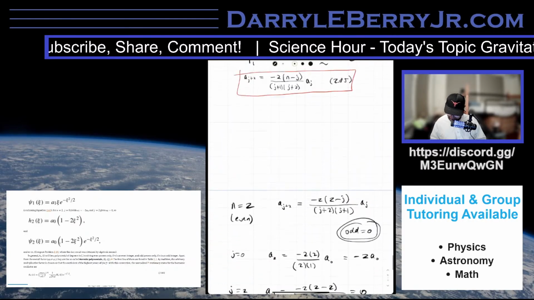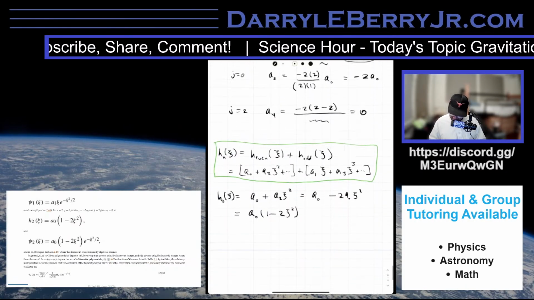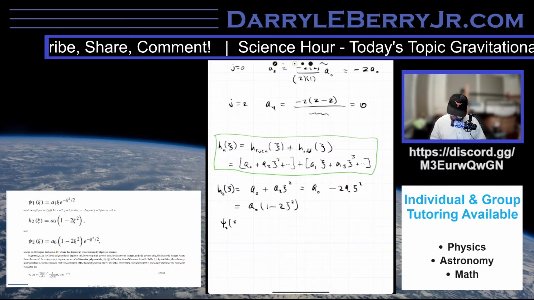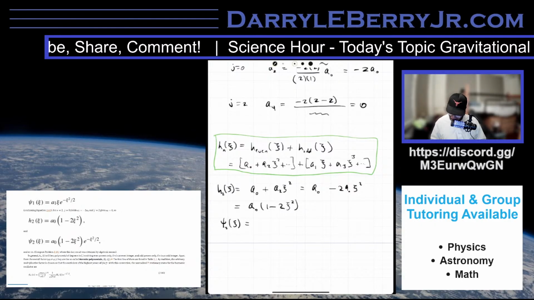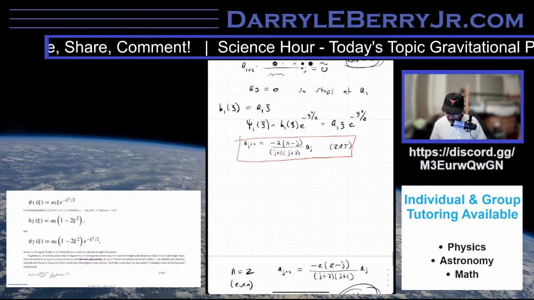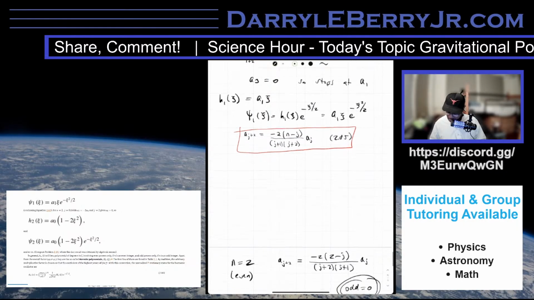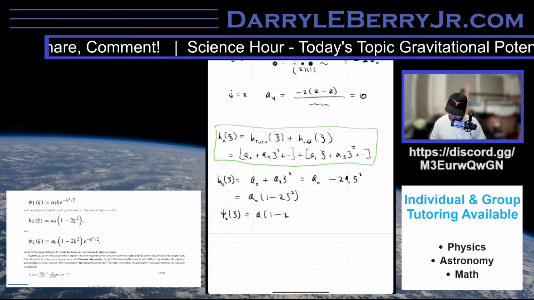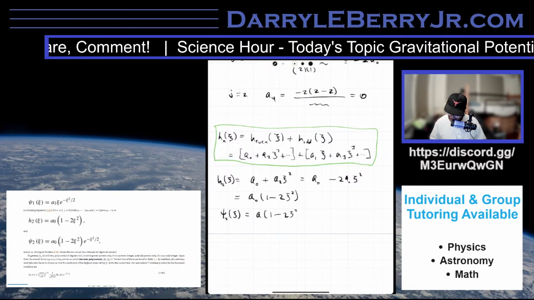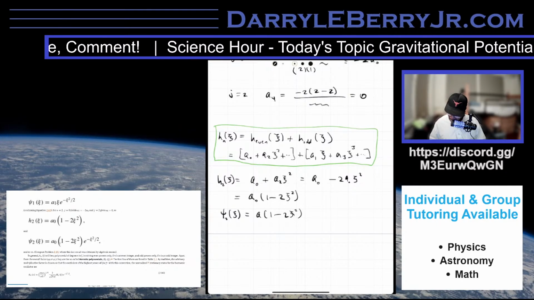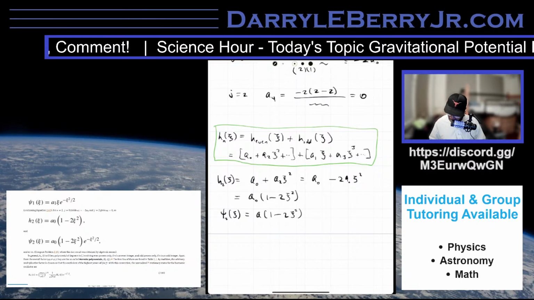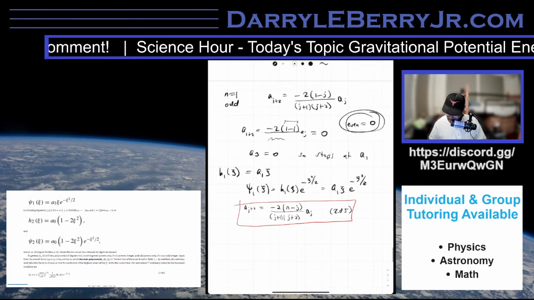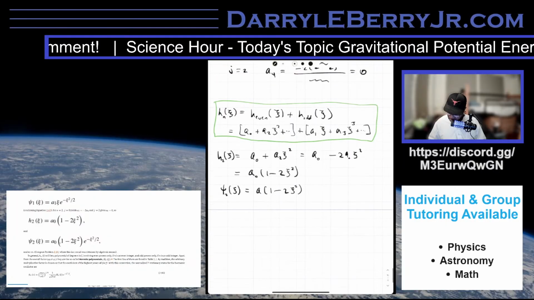So that means that psi 2 Z equals H2 E. So that's A0 (1 minus 2 Z squared), and then we have e to the negative Z squared over 2.